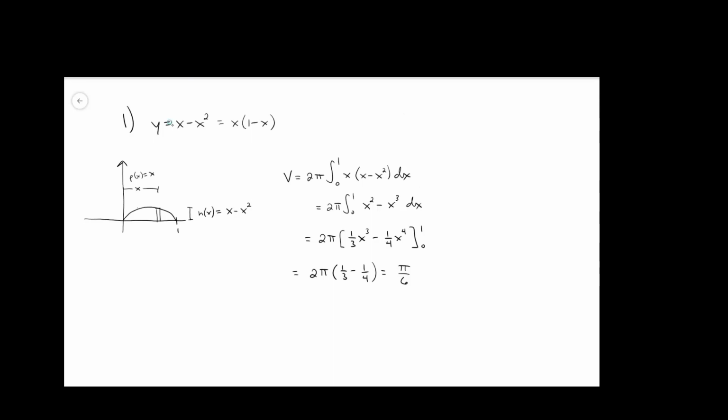Example 3. This is a good one because it's going to show why sometimes the P of x is not just x, and sometimes the H of x is not just the function itself.